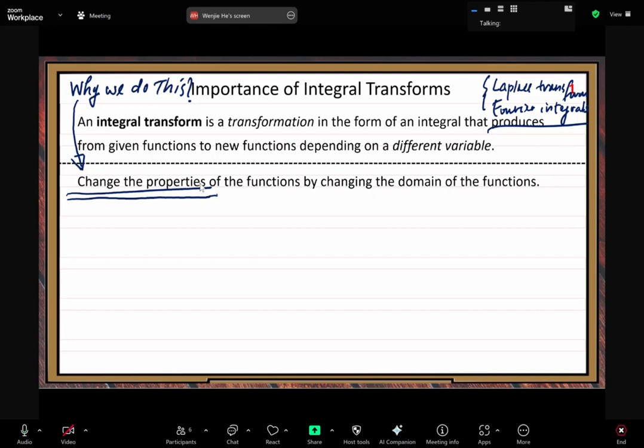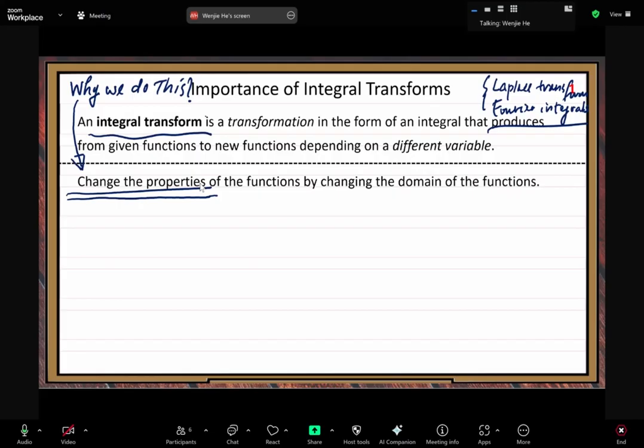Now you make this significant change, because this integral transform change is big. A big change means the property change is also big. So your new functions have many completely new properties. Then you can use the new properties to do a lot of new things. So that's the idea.